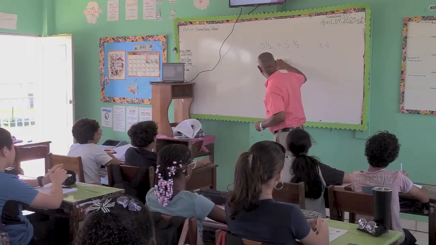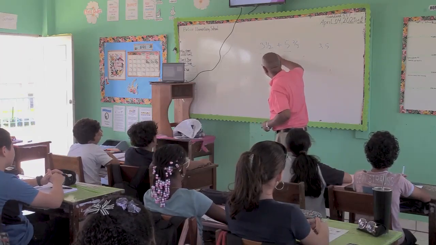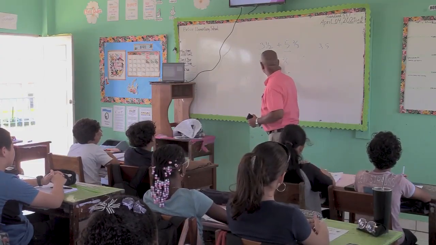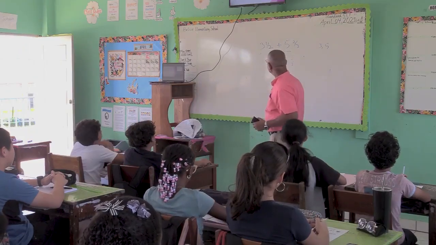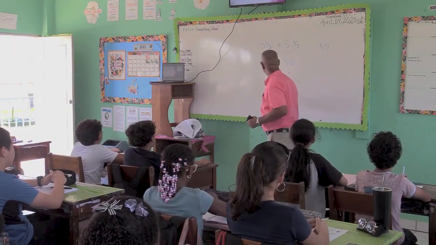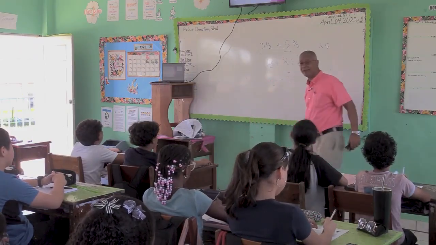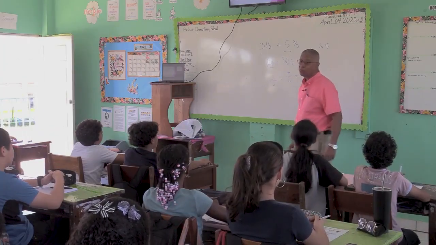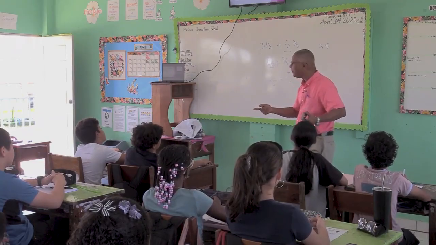Okay, he's saying 2. There are actually several methods you can use to solve this, but this is one of them. And so you're saying 2 over 6 plus 4 over 6. Aha! You got the same denominator. So that makes it easier to add the proper fractions.